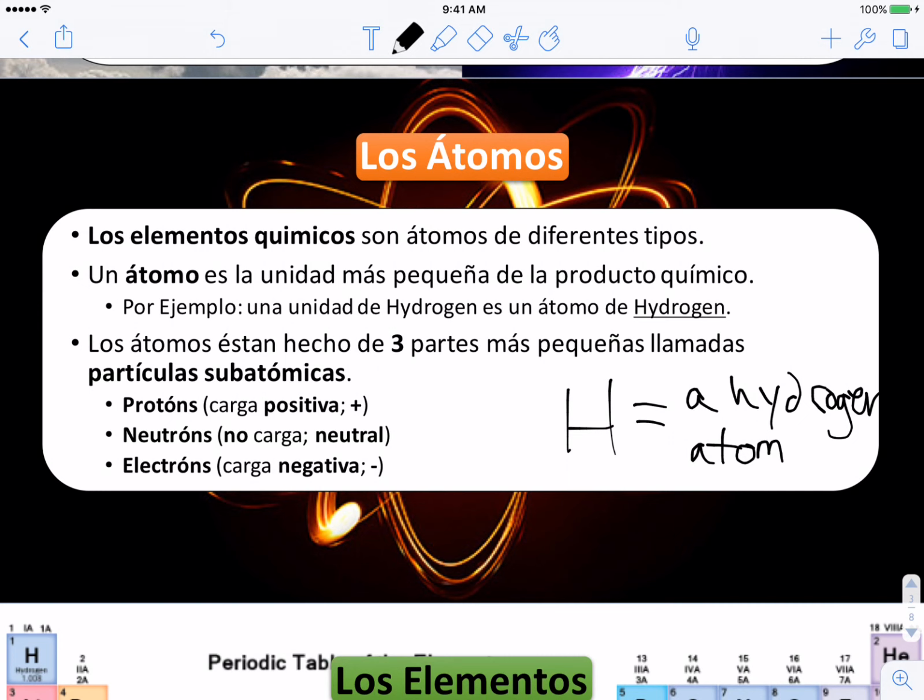Neutrones no tiene carga. Están neutral, y electrones tiene una carga negativa. So protons have a positive charge, neutrons don't have a charge at all, and electrons have a negative charge.